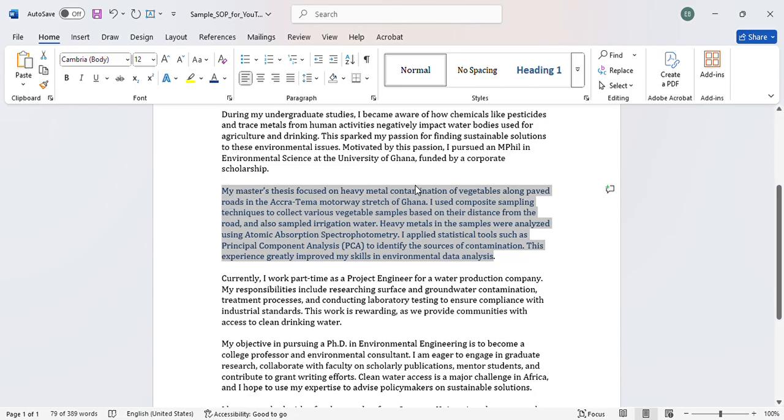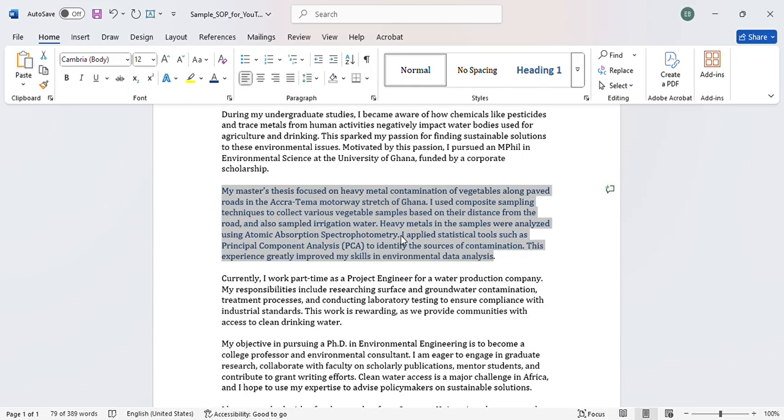I mentioned some sampling techniques, composite sampling, and I also mentioned using atomic absorption spectrophotometry. This is a laboratory device that we use to analyze heavy metals in environmental samples.